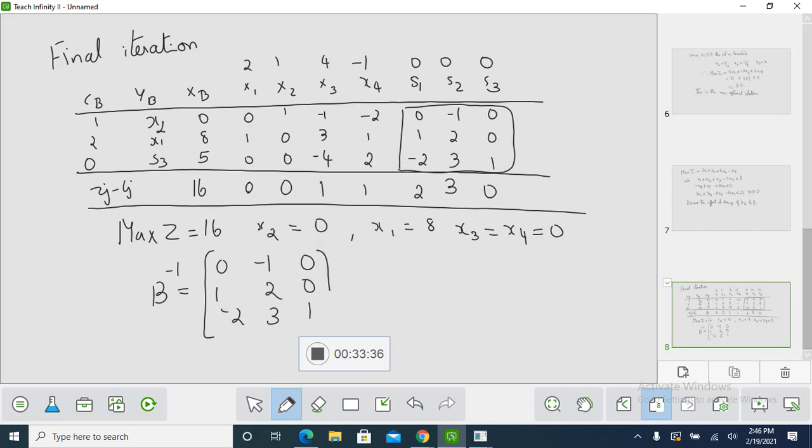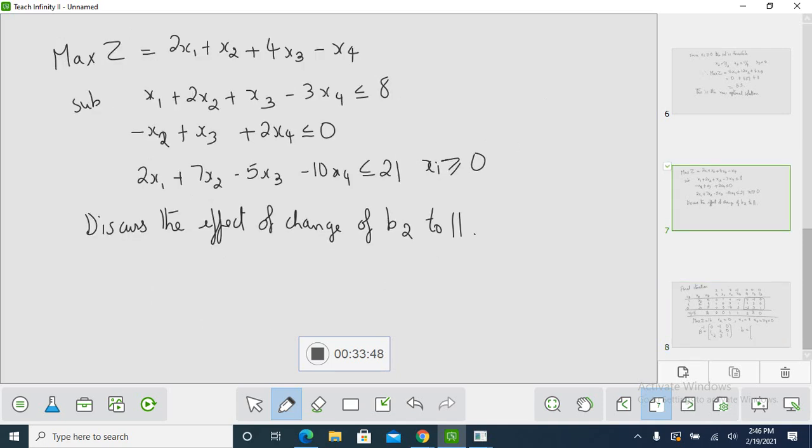And what is my B vector? Please come to the original problem. When you consider the constraints here, this implies my B vector to be 8, 0, 21.